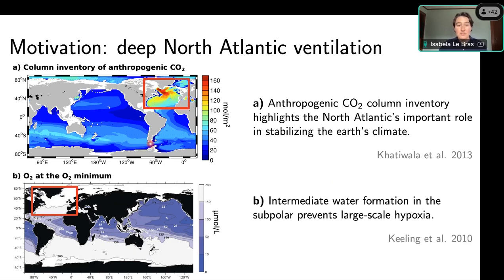Another interesting feature that appears to be associated with this deep water spreading in the North Atlantic is that there is much less of an O2 minimum in the North Atlantic if you compare it with the Pacific, for example, that doesn't have an overturning circulation.